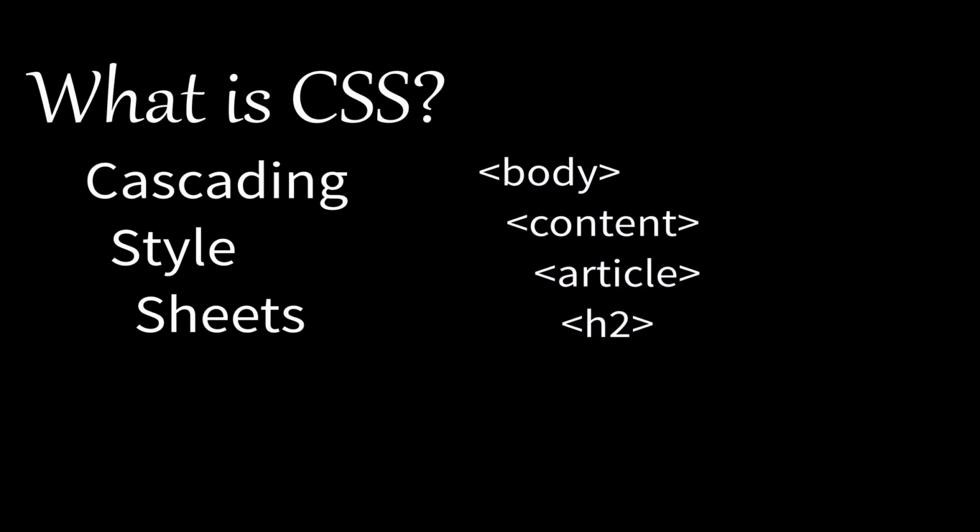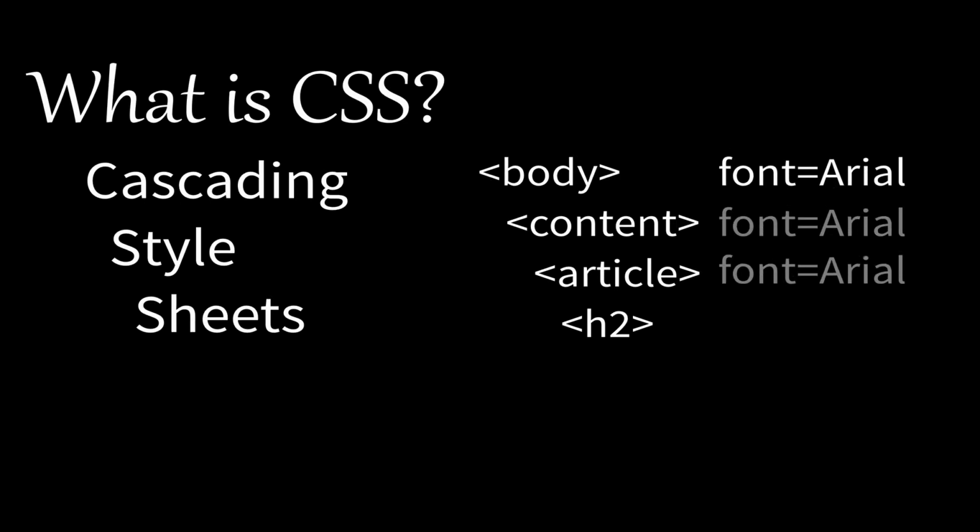And the reason they call it cascading style sheets is because if I add a style to, say, the body of the website, that style cascades down to all of the sub-items within the website. But I can also specify a different item or a different style to go with an element.